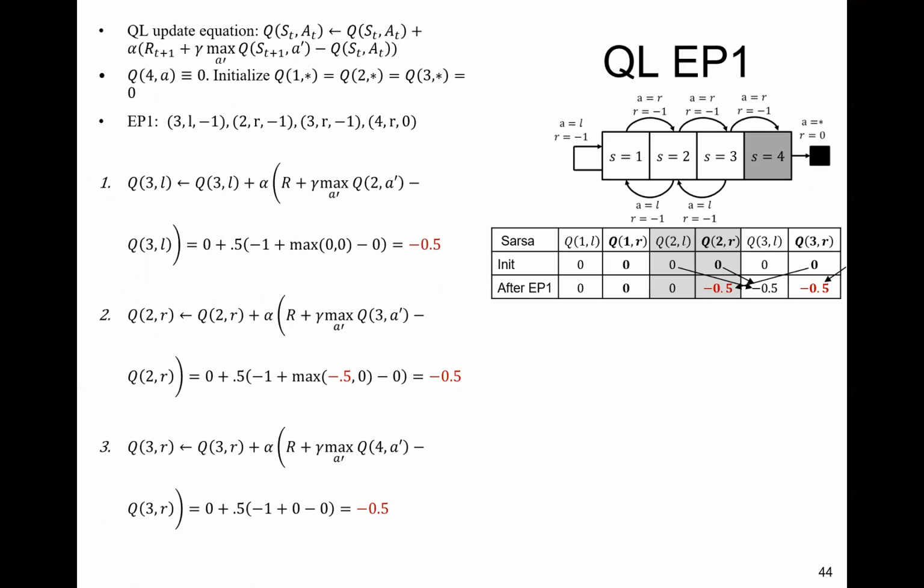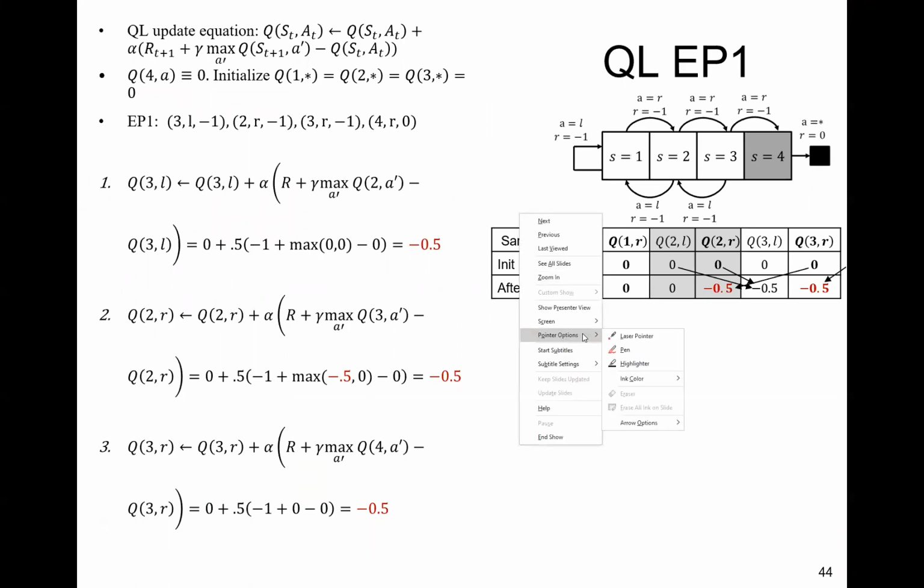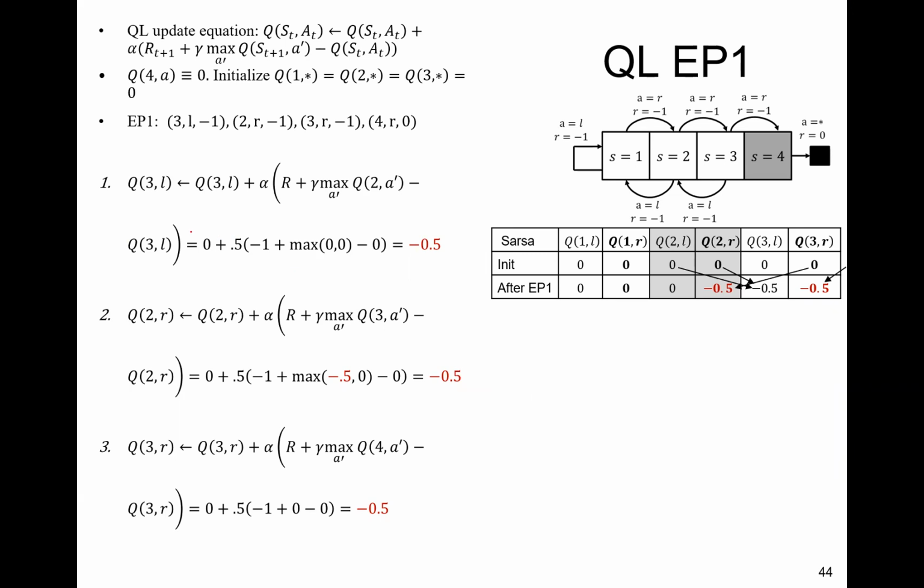So for Q learning, you're bootstrapping Q3 left from the max of the 2 actions from state 2. So this is the bootstrap. And Q2 right from the max of the Q3.